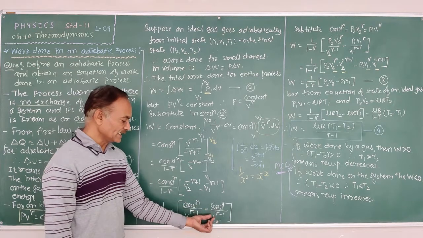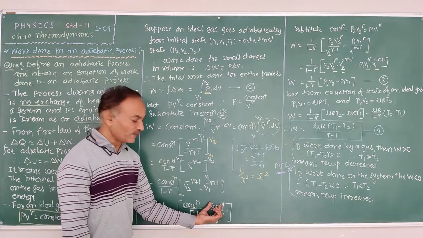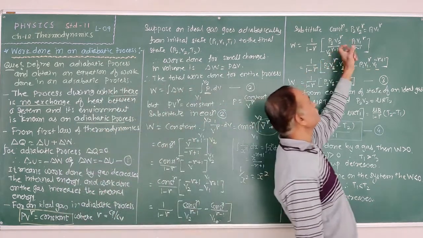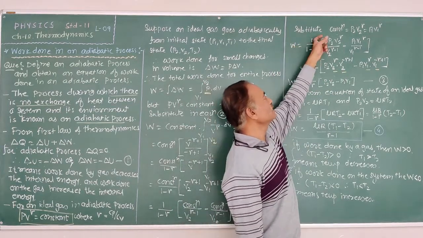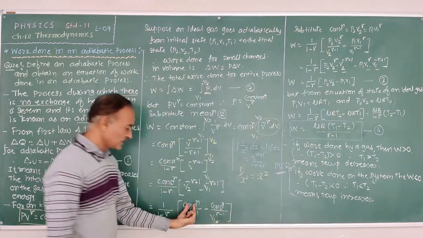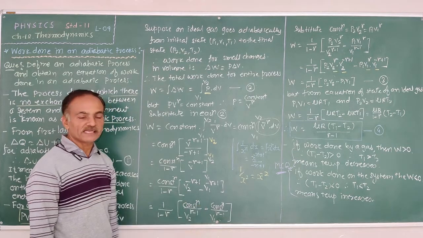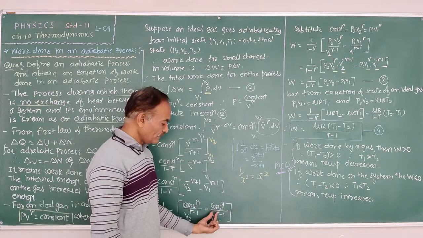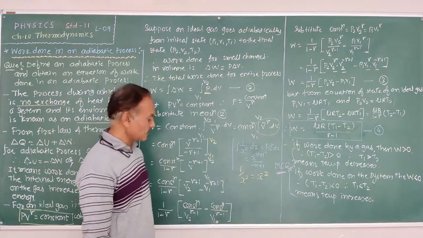While in the second term, in the denominator we have V1, so in the numerator, instead of the constant, we can write P1 V1^gamma. Therefore, the total work done W is equal to 1 upon 1 minus gamma into the bracket: P2 V2^gamma upon V2^(gamma-1), minus P1 V1^gamma upon V1^(gamma-1).